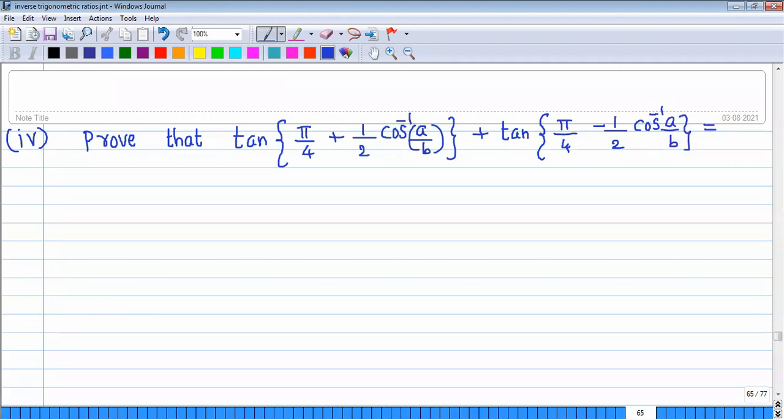It is equal to 2B by A. So we need to prove that the LHS is equal to 2B by A.